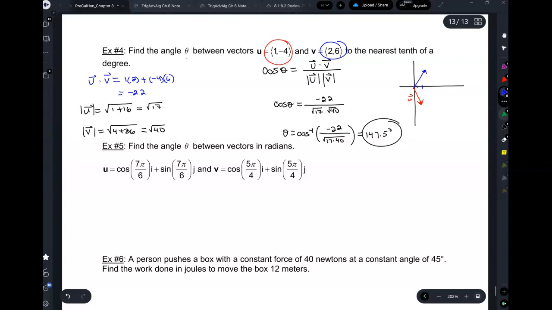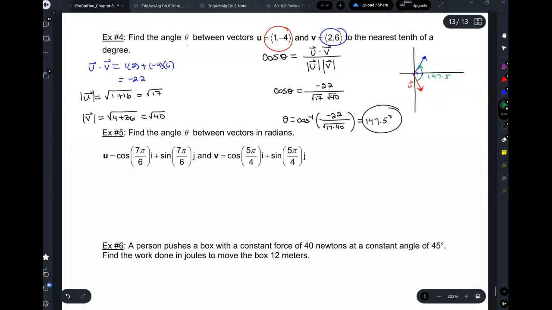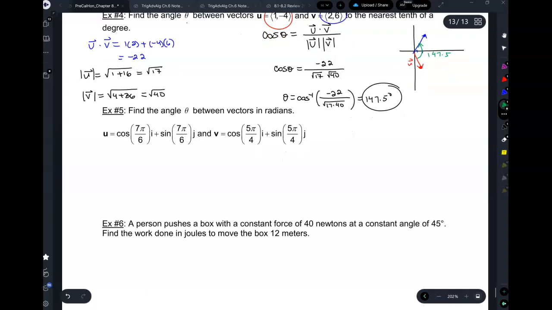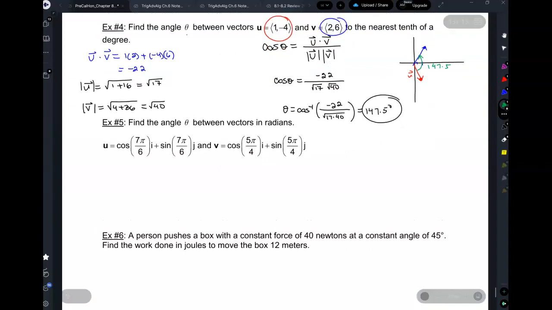Okay? Does it make sense that the angle in between is 147.5? It does, right? That's what we found. Okay? Questions? No? Yes? No?